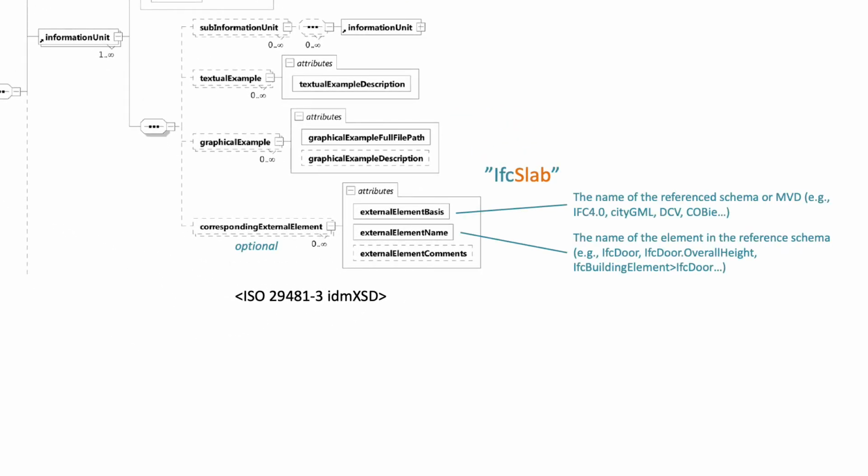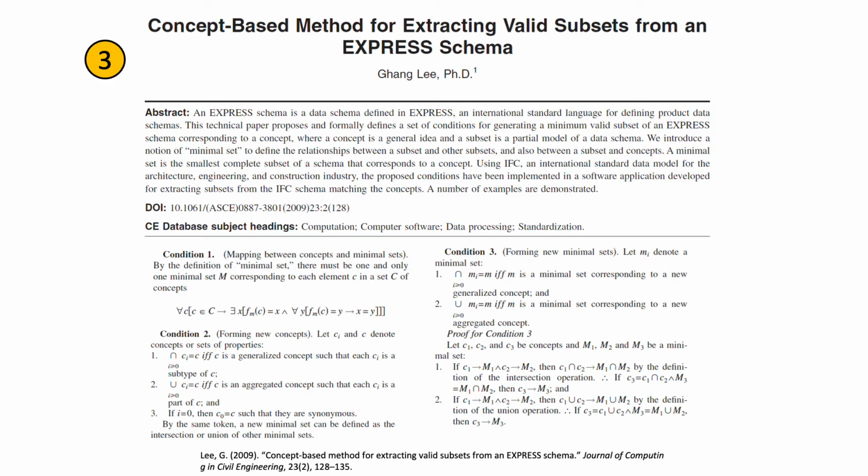Let's assume that we specified IFC 4.0 as a basis schema, and we can now define IFC slab as the IFC element that corresponds to the concept or information unit slab. The last step is to extract a valid MVD from the selected IFC entities.